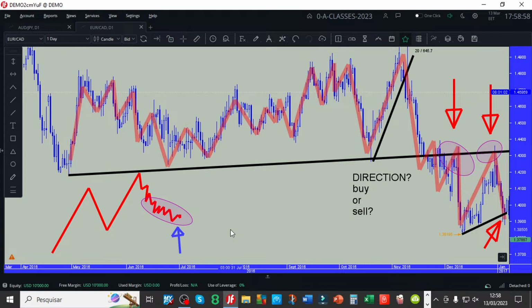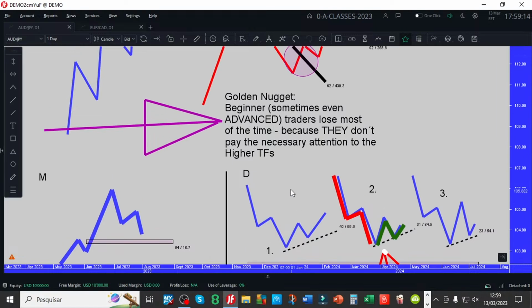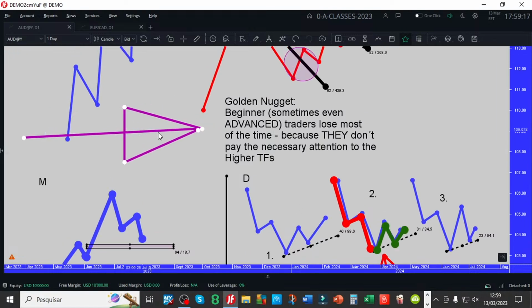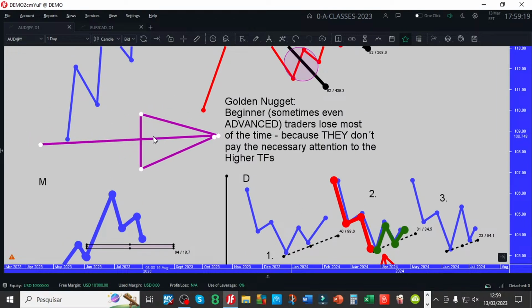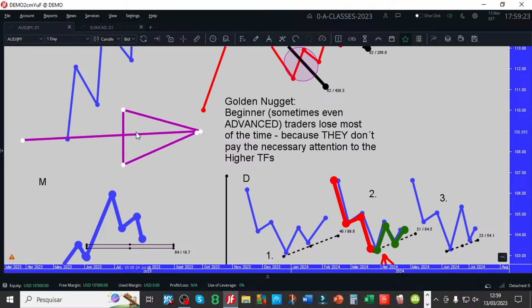So when you look at trade what you see, who is going to win? Who is going to win? And I'm telling you, to move from the beginner trader to advanced trader, this is the secret. Right now in here, this is the secret. If you want to move from a beginner trader to advanced trader, this is the secret.